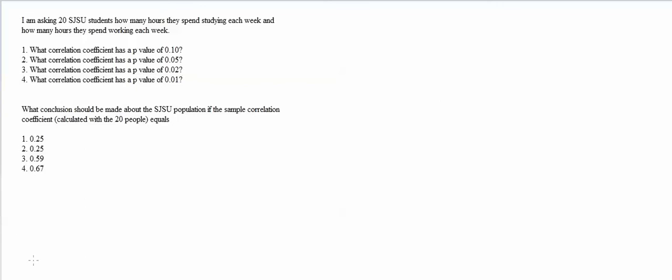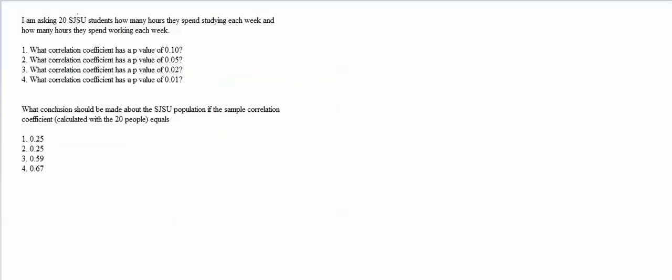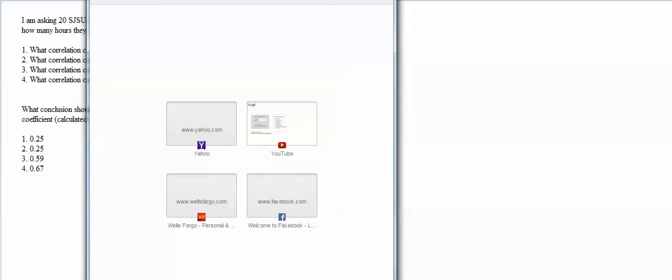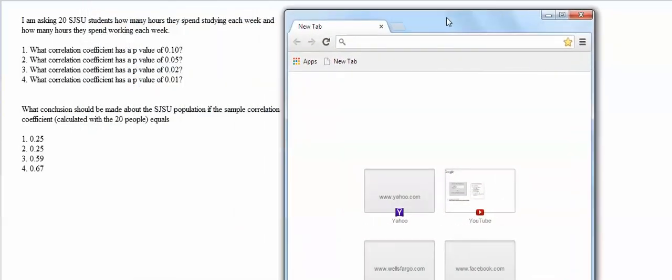So I'll show you what table to go to. I'll give you this table during the test. You can even bring your own copy if you want to.